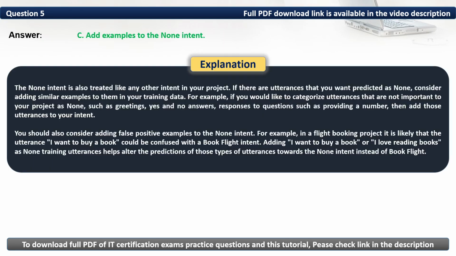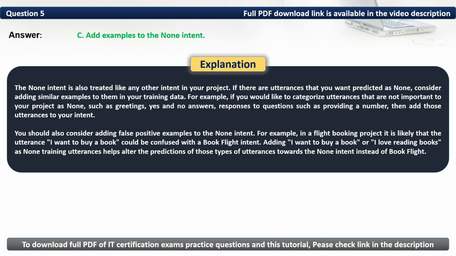The none intent is also treated like any other intent in your project. If there are utterances that you want predicted as none, consider adding similar examples to them in your training data. For example, if you would like to categorize utterances that are not important to your project as none, such as greetings, yes and no answers, responses to questions such as providing a number, then add those utterances to your intent.